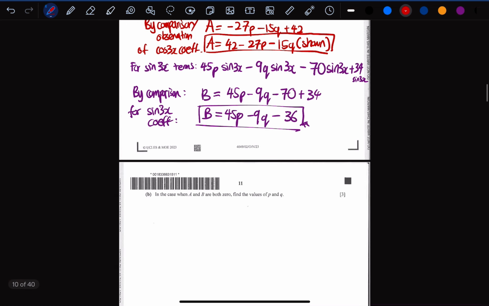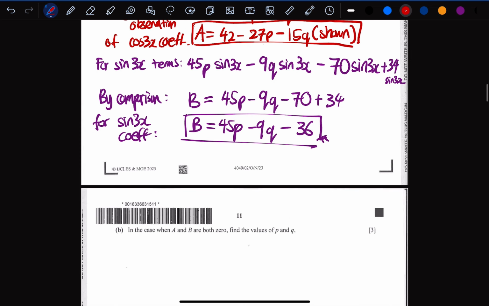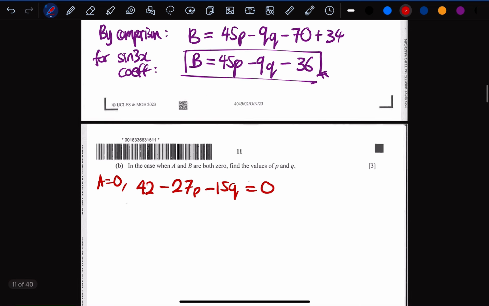Then part B, they tell you in the case where A and B both equal 0, find the values of p and q. This is basically just simultaneous equations. So we have A equals 0, which is just 42 minus 27p minus 15q equals 0. I'm going to rearrange it to make it look nicer, equals to 42. I like to rearrange it to the form where you can press your calculator to check your answer.